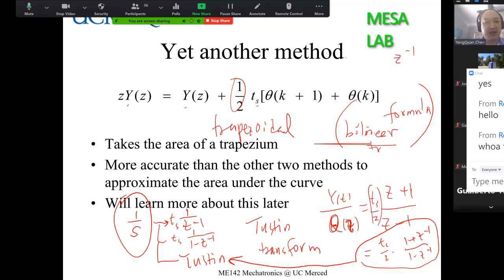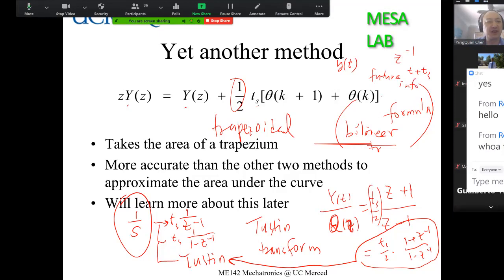Z minus 1 means suppose t is your current moment. You use yt, it's okay. You measure that, you use it. Then t will go further. So that's the future, say for example, t plus Ts. That's the future information.